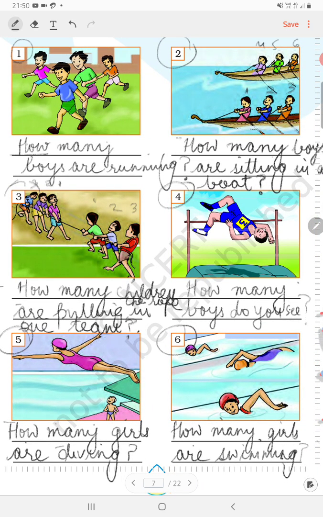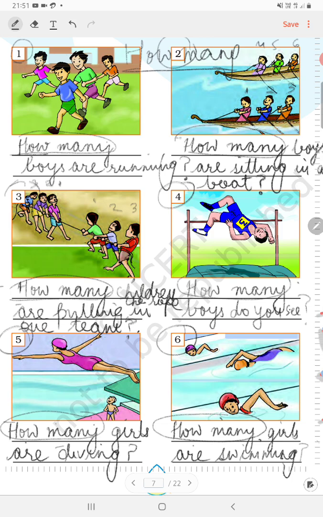Okay. So here, children, we have used how many in all of them. How many means कितने, 1, 2, 3, 4 or even more.